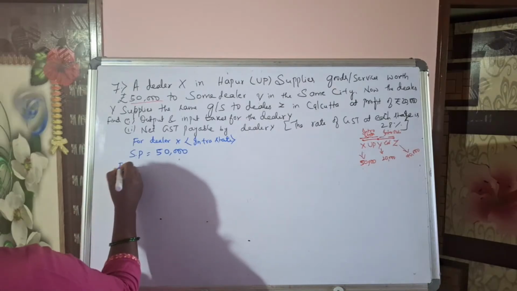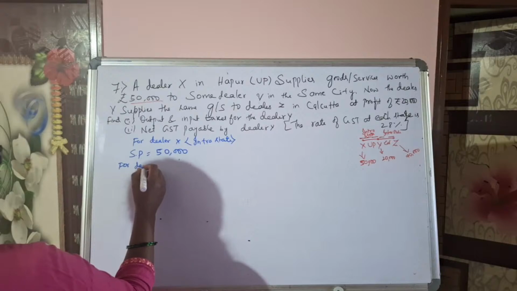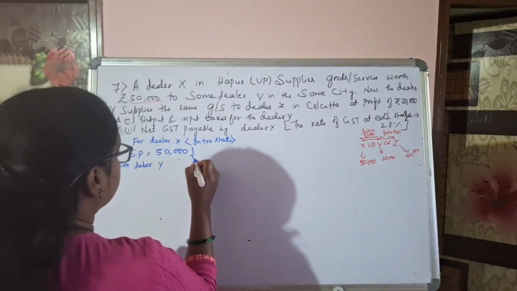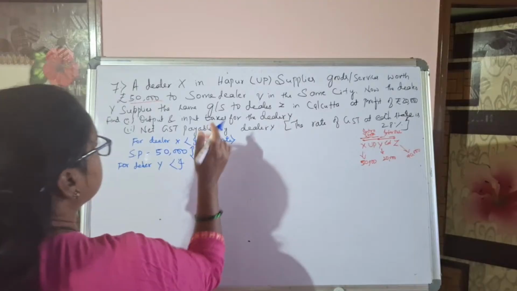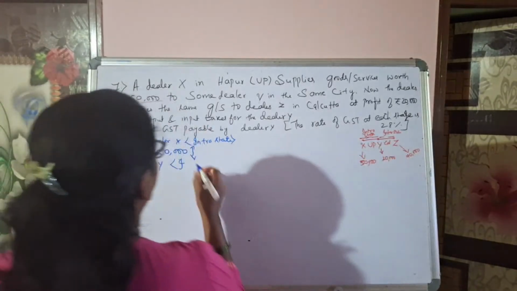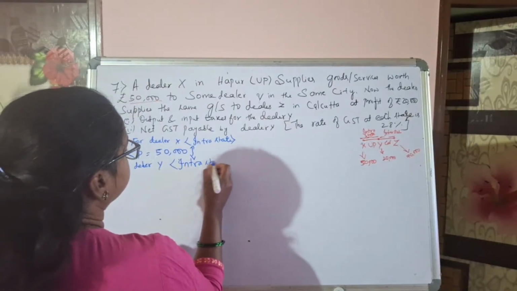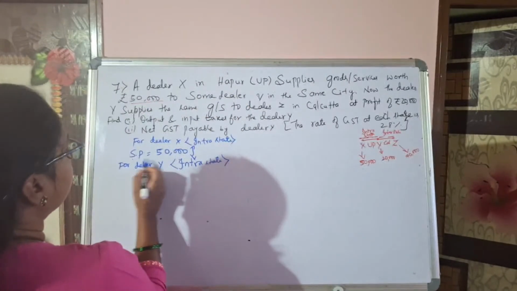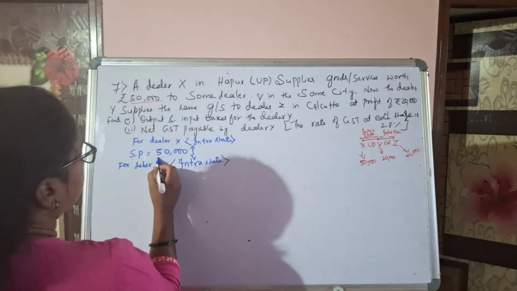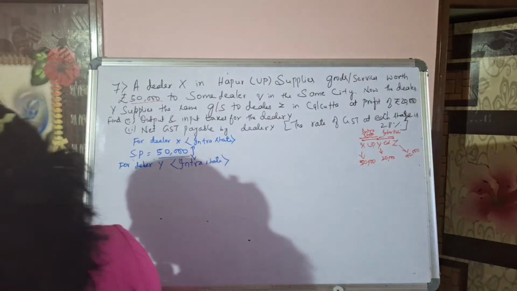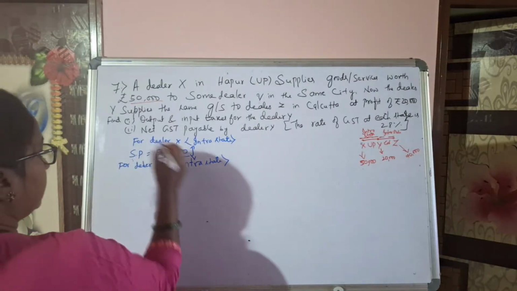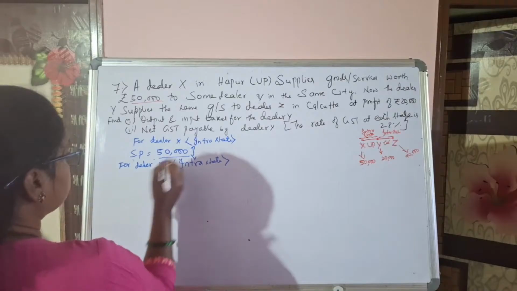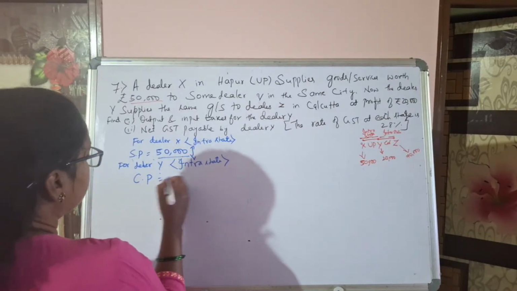For dealer Y, also the transaction is intrastate only because here the transaction is between X and Y. So dealer X sells the goods at a price of 50,000, and Y buys the goods from X at 50,000. So the cost price for Y is 50,000.